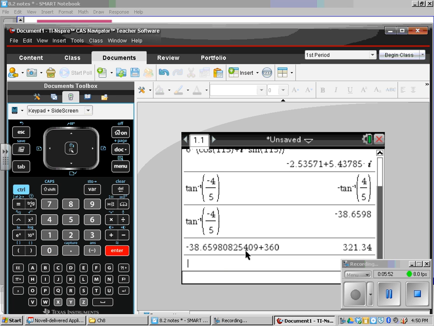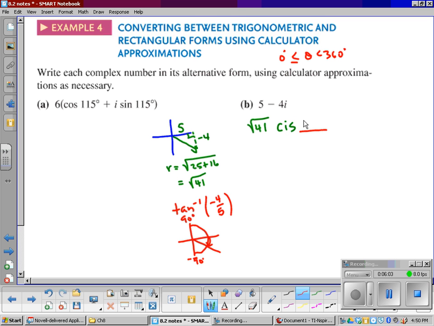So I add 360 to that, and I get 321.34, and there are other decimals after that. I'm just going to round that to the nearest tenth unless it tells me something different. So 321.3. Remember to put the degree symbol on there, or if you don't, it's assumed to be radians, and that would not be correct. So this is the trig form of that complex number.